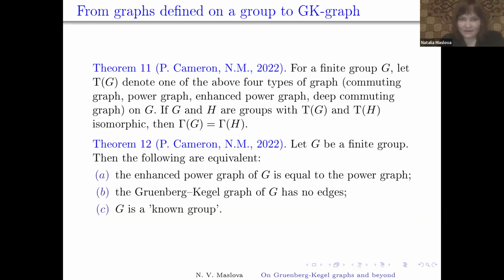Moreover, if you take a finite group, then the enhanced power graph of this group is equal to the power graph if and only if the Gruenberg-Kegel graph doesn't have edges, if and only if G is a known group, and we can give an explicit list of such groups. Here you can see that the properties of graphs defined on groups are very closely connected to the properties of its Gruenberg-Kegel graph.